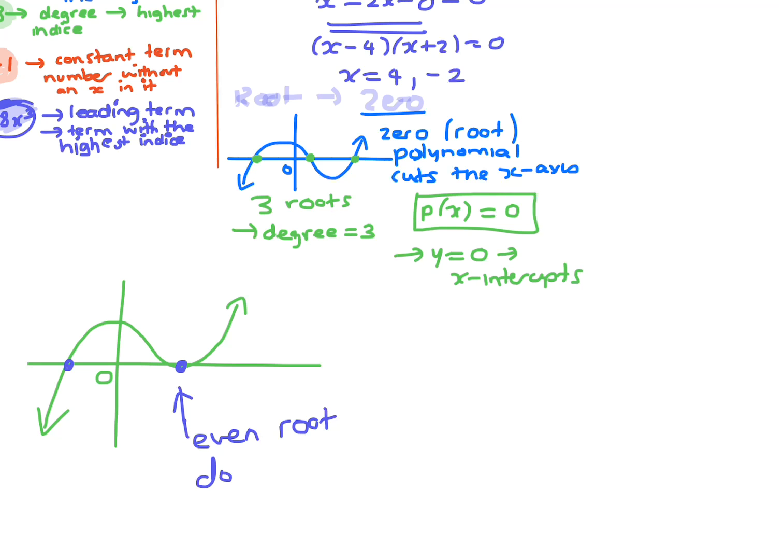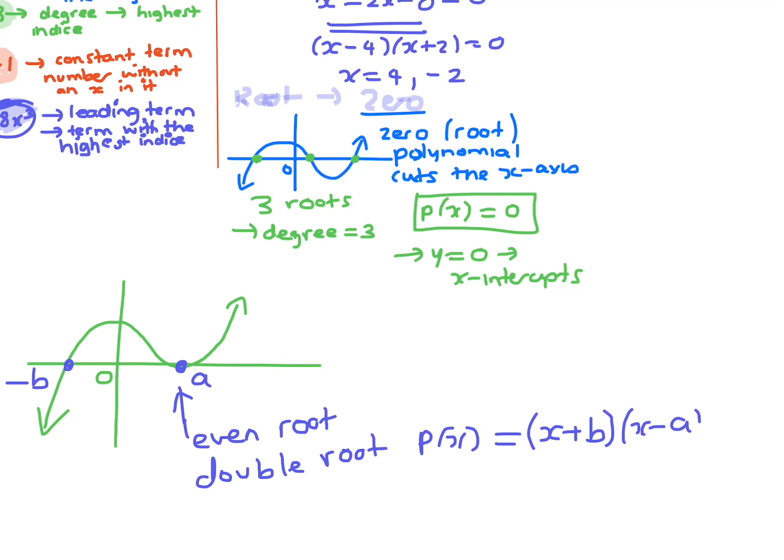Now, it could be a double root. So that means that when you've got your polynomial, let's just say that was A and that was B, it would have been x plus b, x minus a squared, okay, because it's a double root.